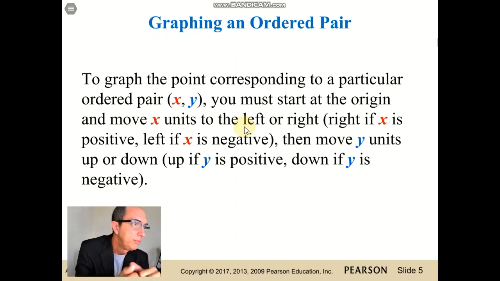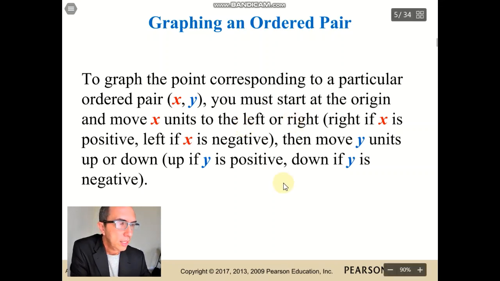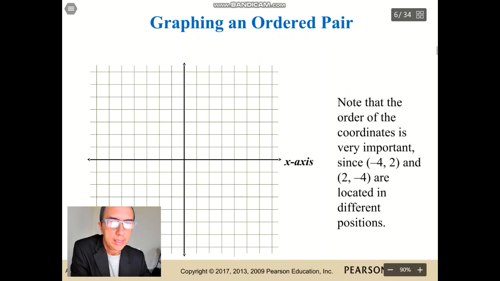If it is positive, you go to the right. If it is negative, you go to the left. Then you move y units up or down: up if y is positive and down if y is negative. So let's have a look at a few examples so we can understand it.